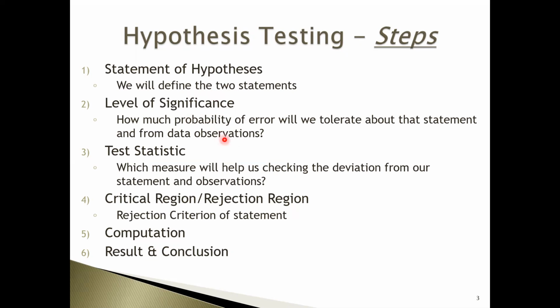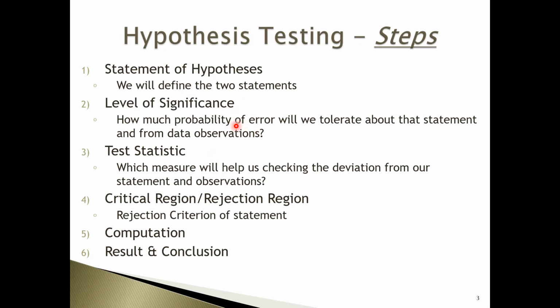Then we define some level of significance, that is the probability of error, which we will tolerate about that statement and the data evaluation, because in a real sample it cannot exactly contain all the population values. Like if we have a population of millions and we are taking a sample of only 1,000, obviously there will be some difference between the population value and the sample value.